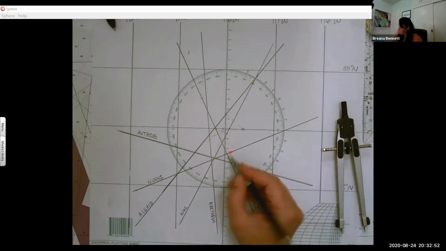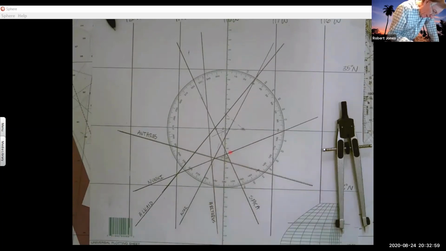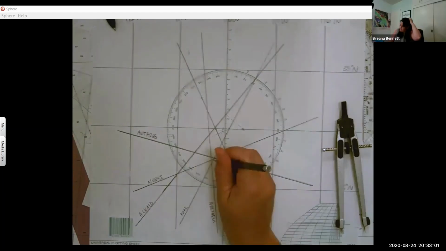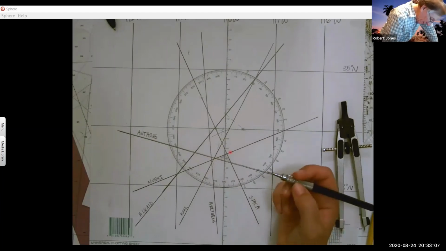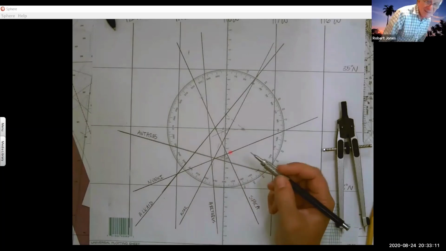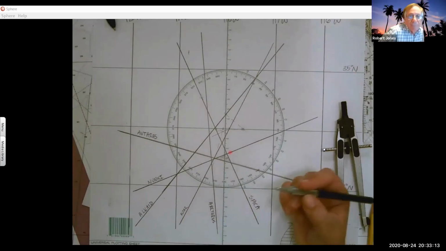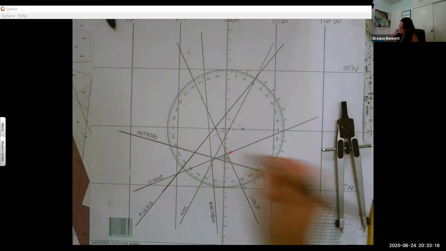I'm looking at this triangle. But yeah, you also have Antares, Altair, and the last one, Arcturus, make another triangle. Yes, there's a lot of triangles on here. I'm just using the knowledge that I do know where I am.